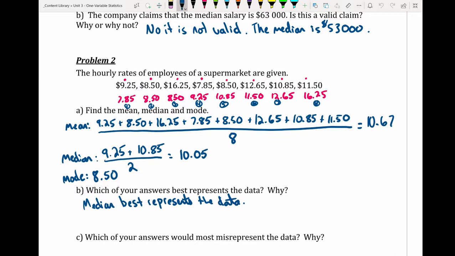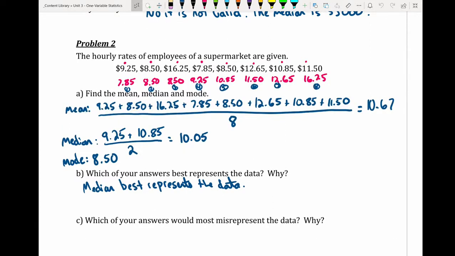The median, the reason I'm choosing the median over the mean is because if I look at the mean, I have a specific value that is very high, right? All the values tend to be very low, but then there's that high value of 16.25. So that high value is an outlier. So the reason the median best represents the data is because there's an outlier of 16.25.